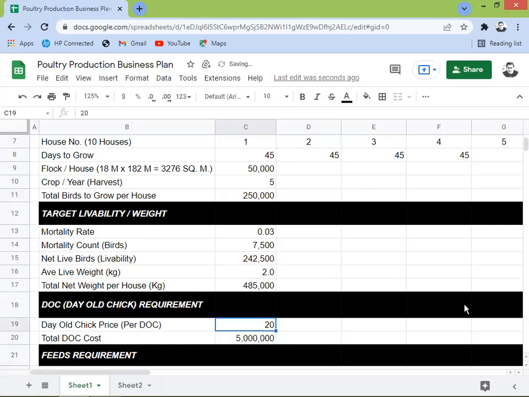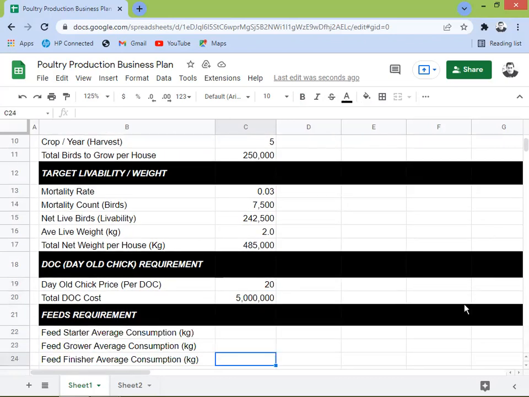But it would be cheaper if we own our own hatchery plant, with our own incubator, like the James Way incubator. So the day-old chick cost could be lower, especially if you have a good system and very efficient and effective people running the hatchery plant. Then the cost could be lower than the 5 million that I have inputted here.